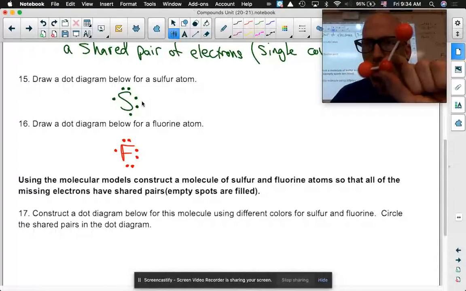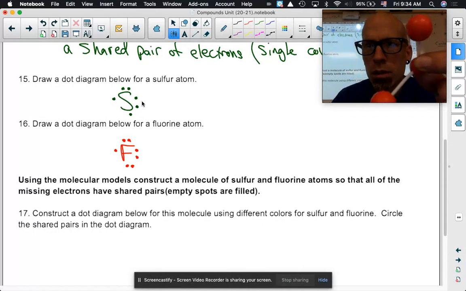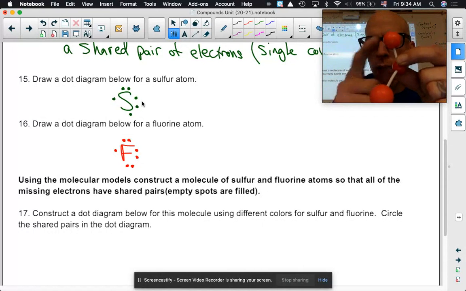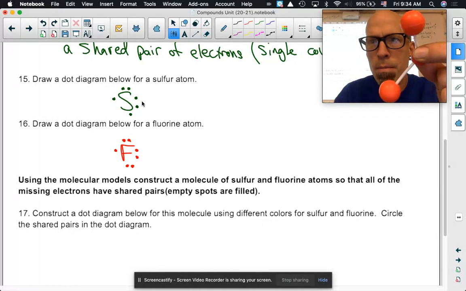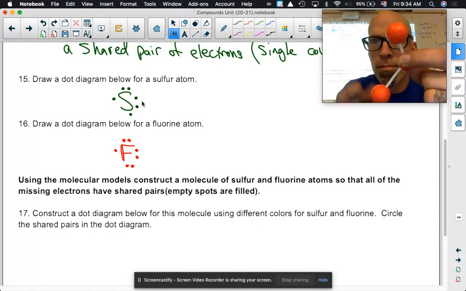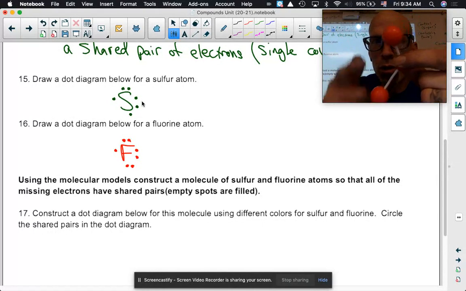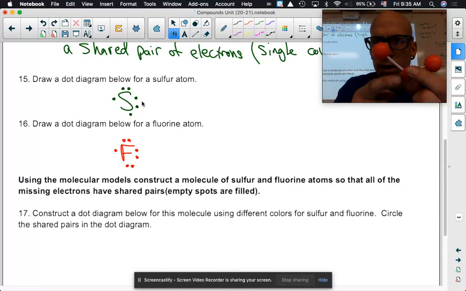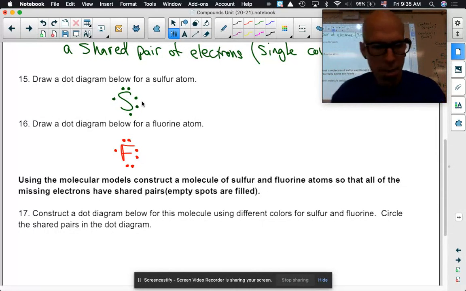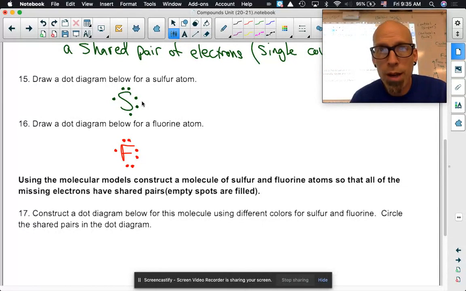And so that means there's a single sulfur, and then there's 2 of the what? Fluorines, right? 2 fluorines. Oh my gosh, it fell apart. So 2 fluorines, 1 sulfur. That's the only way we can get all the empty spots filled with the models.